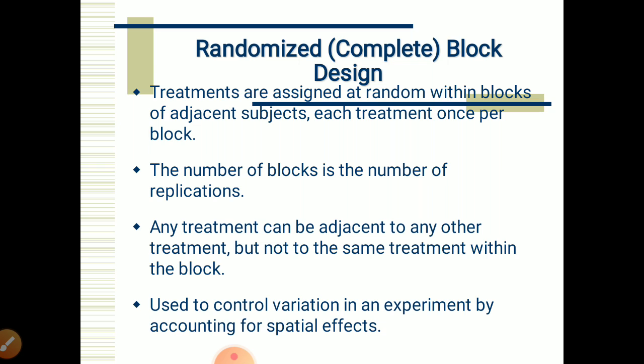This is used to control the variation in an experiment by accounting for spatial effects, especially in agricultural experiments where plots have different fertility. To take care of that, the whole sowing area is divided into different plots, and analysis is done for plots independently.